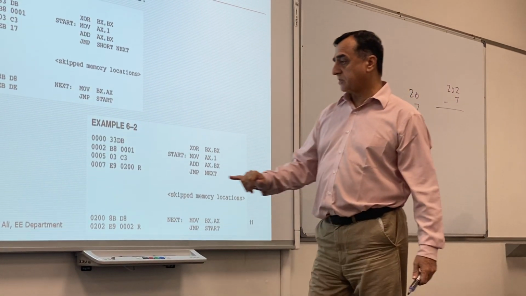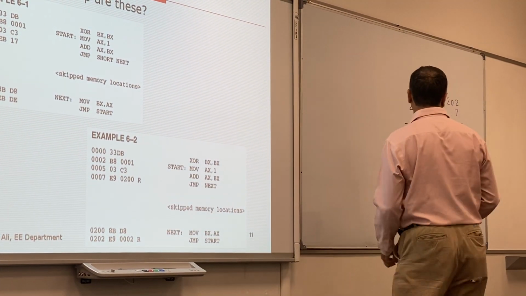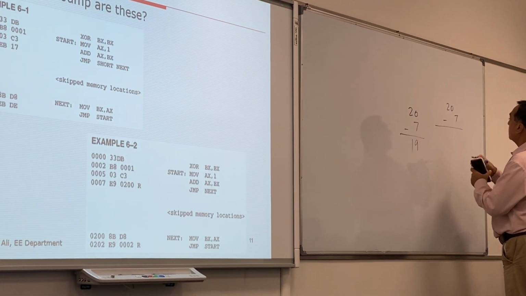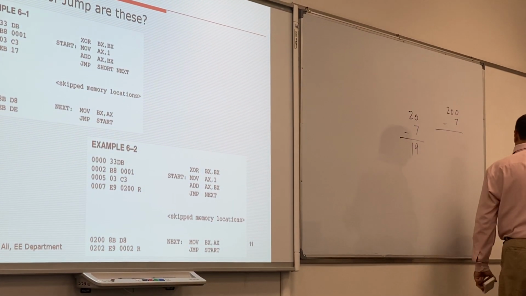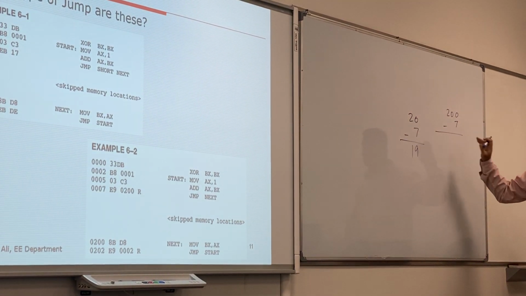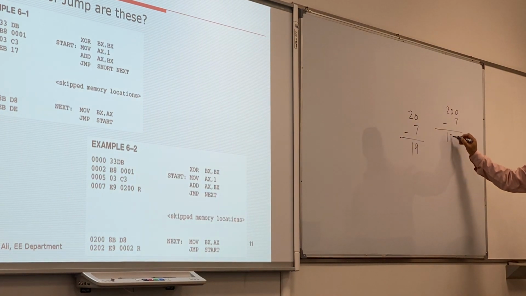Jump is from 7 and next is 200, right? So this one is 1F9.